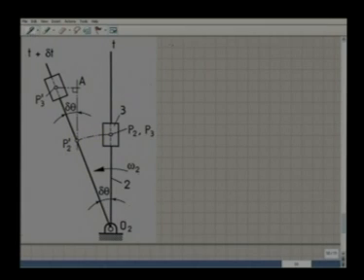Now, if we look for the acceleration of the point P3, we can talk of acceleration of the point P3 by expressing its two components, one along the rod and other perpendicular to the rod. What we see, if we ask a person sitting on body 2, what is the movement of this point P3 prime?